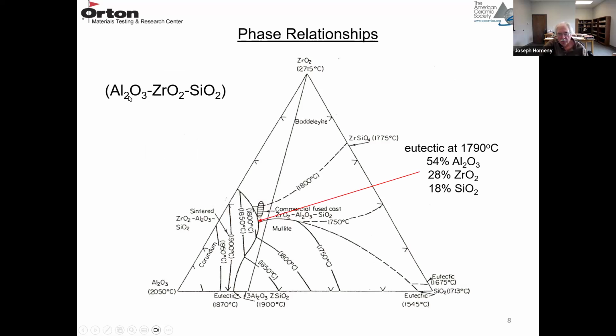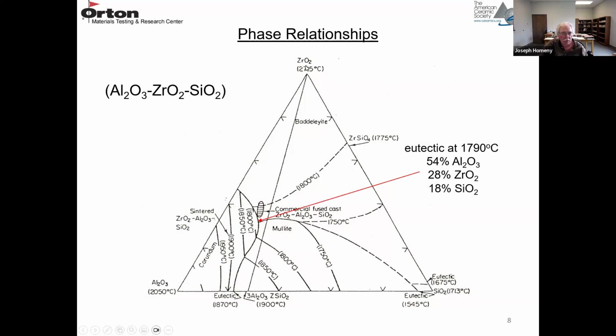So this is the ternary phase diagram for alumina, zirconia, silica. Here's 100% alumina, 100% zirconia, and 100% silica. So this side of the phase diagram, zirconia to silica, is basically the binary for silica zirconia, and zircon is the only compound, and that's right here, ZrSiO4.